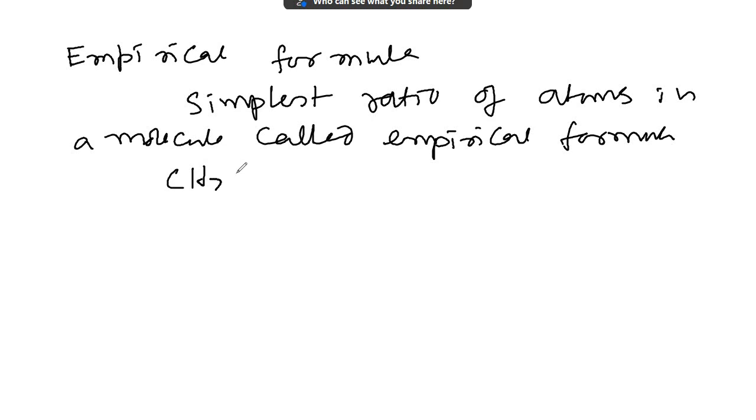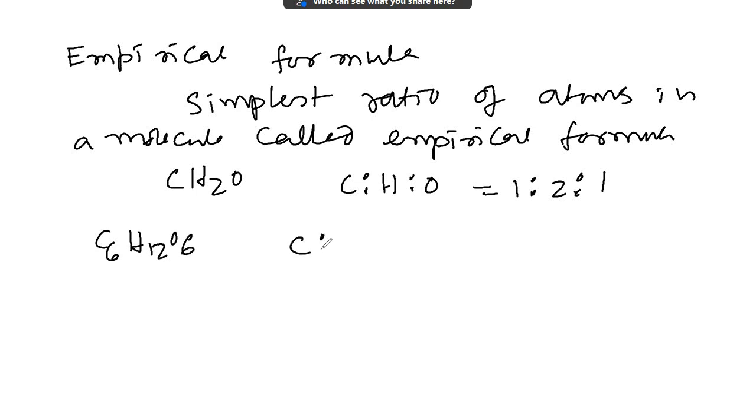CH2O, the ratio of atoms is what? 1:2:1. Suppose think of the compound having molecular formula C6H12O6, that is sugar. What is the ratio of atoms? It is 1:2:1.